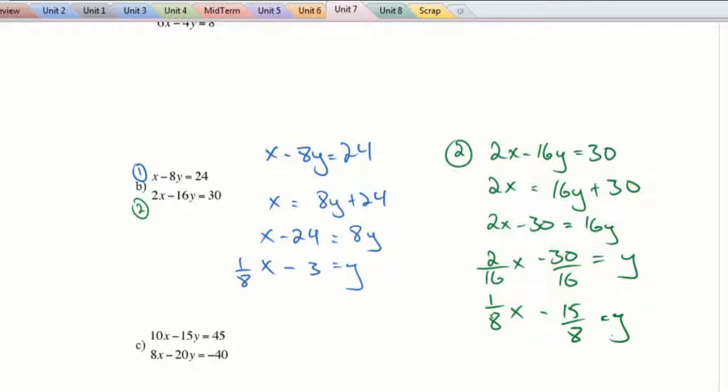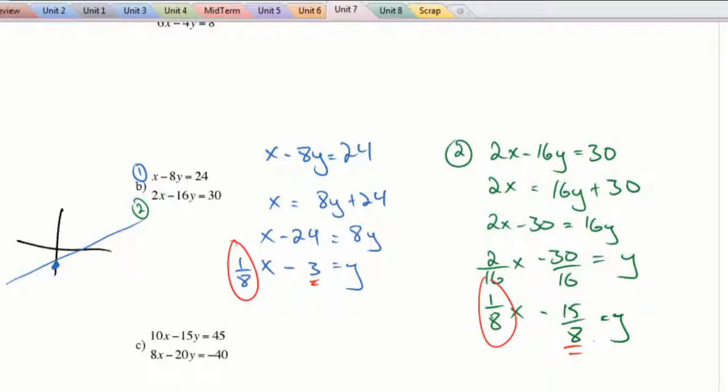So when I look at these now, one thing I notice is that my slopes are the same, but my y-intercepts are different. One is -3 and one's 15 over 8. So if you think about what this would look like on a graph, I have a y-intercept of -3. So my blue line would be down here somewhere, and then my slope is 1 over 8. So I have a line that looks something like that.